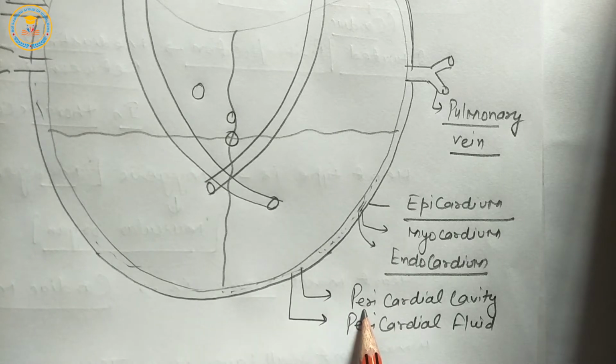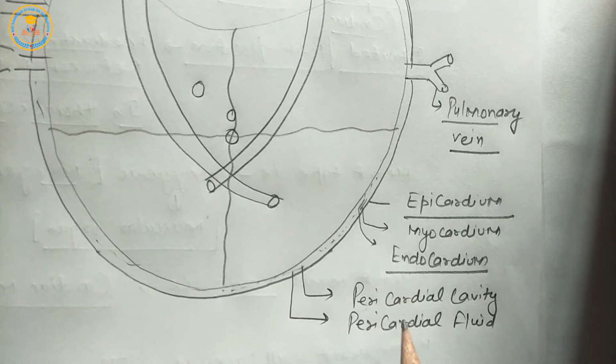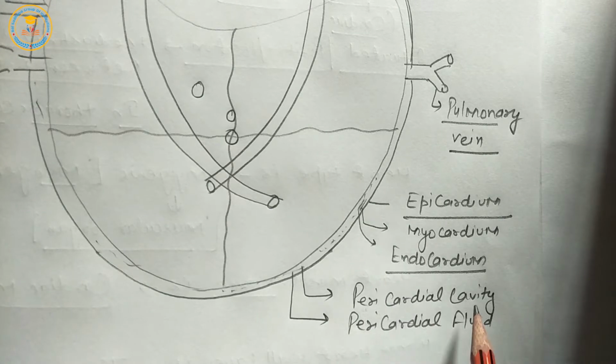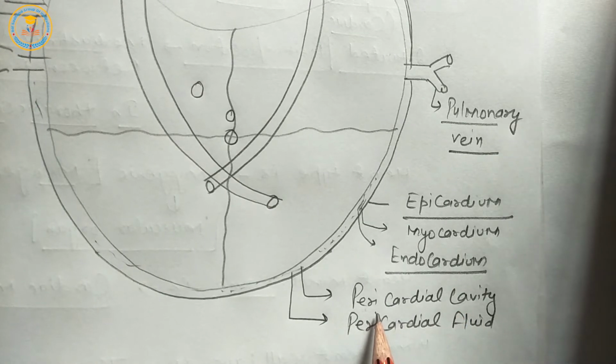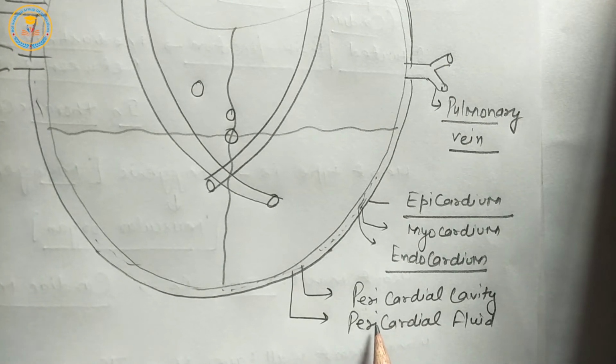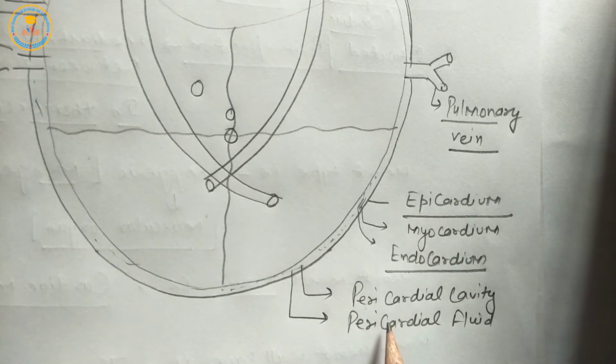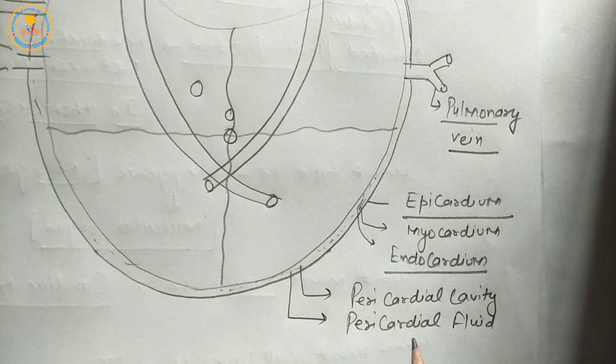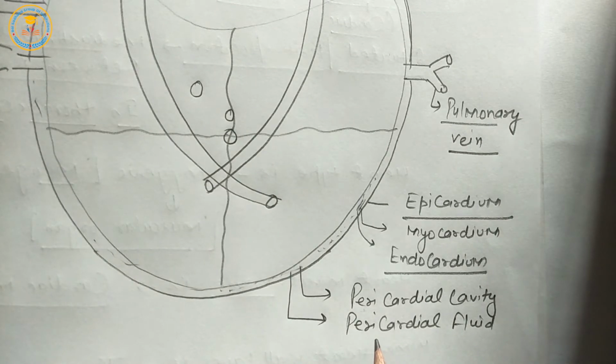Peri means around. Cardial means cardiac. So human heart has a specific cavity around the heart. This cavity has a specific fluid, called pericardial fluid. This fluid provides lubrication to the heart and protects the heart.